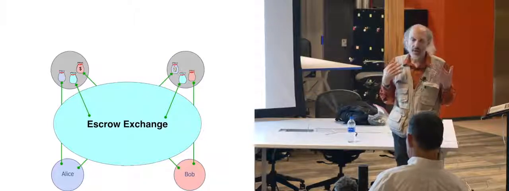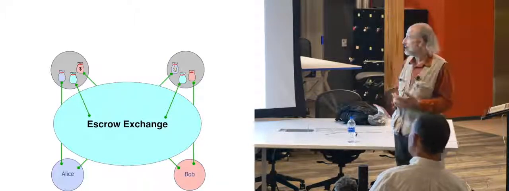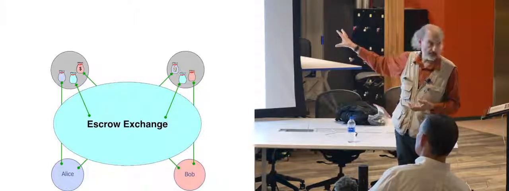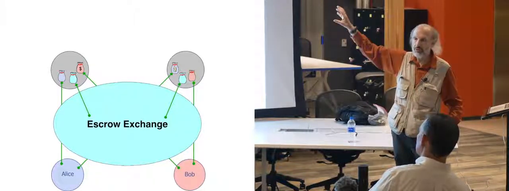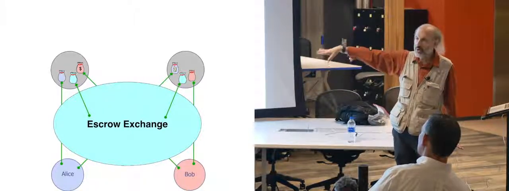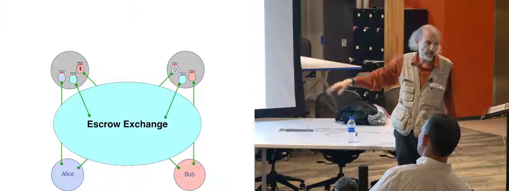So that's the escrow exchange contract. And we'll see this pattern of 5 players a lot. There's the issuer of one of the goods being traded, the issuer of the other good. There's the contract in the middle, and then there are the players.